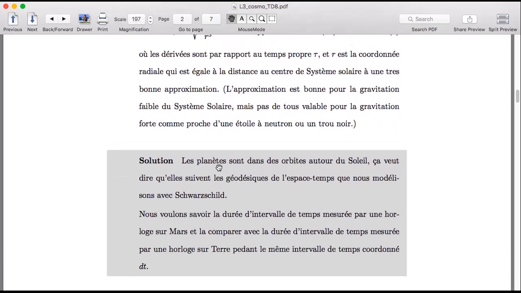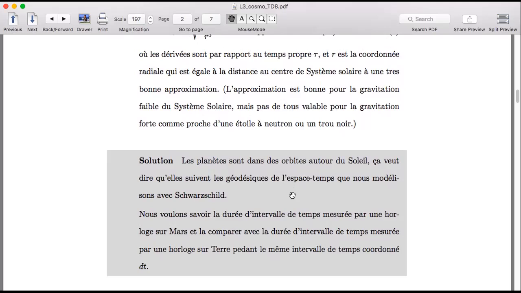Okay, so the first thing to ask yourself is to make the connection between the orbits of the planets about the sun and the geodesics. So why were we studying geodesics? Because those are the paths of free particles in a gravitational field. If you think of the planets going around their star, what are the forces on those planets?